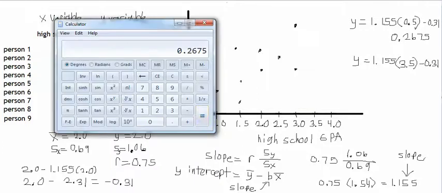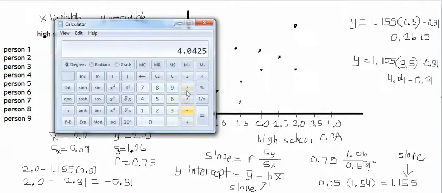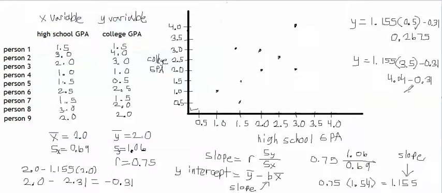What does this equal? 1.55 times 3.5 is 4.04, about, minus 0.31, which gives us 3.73.